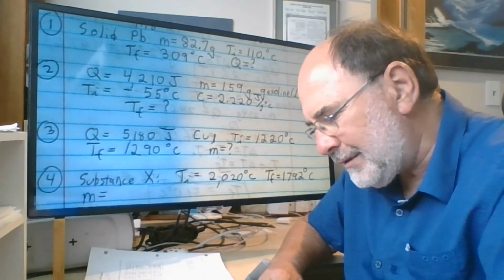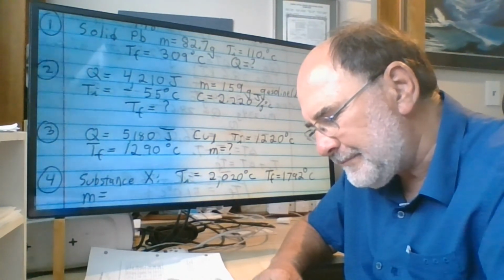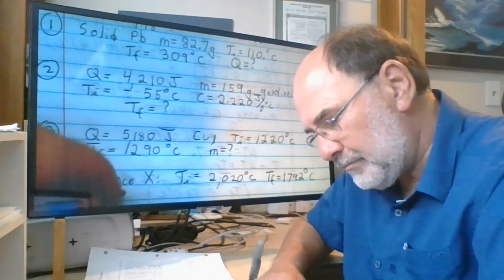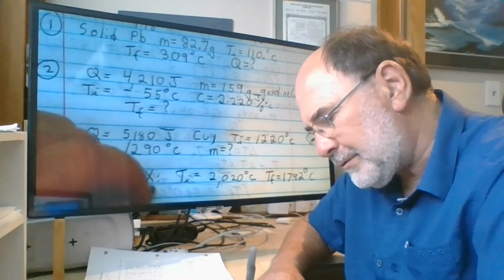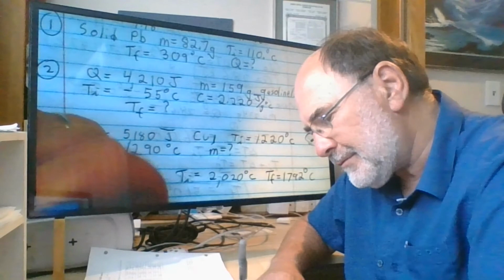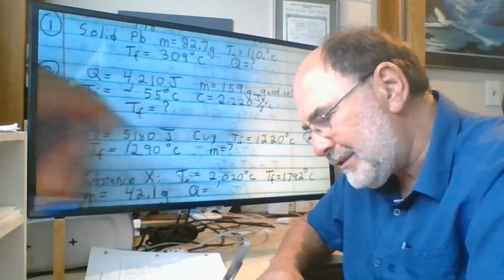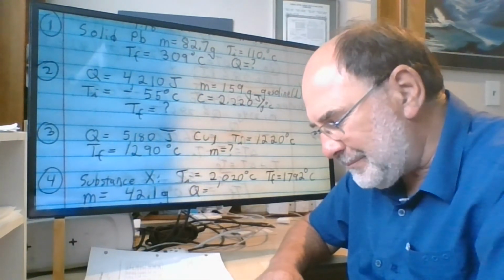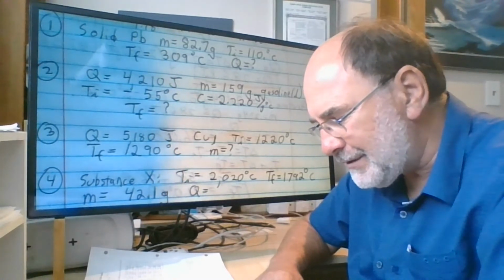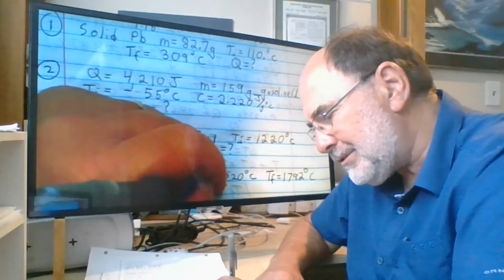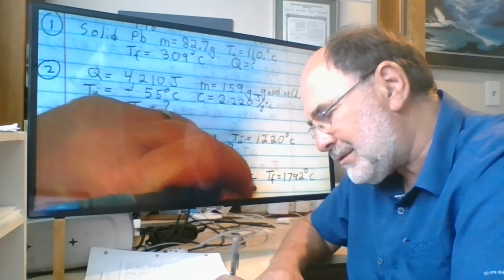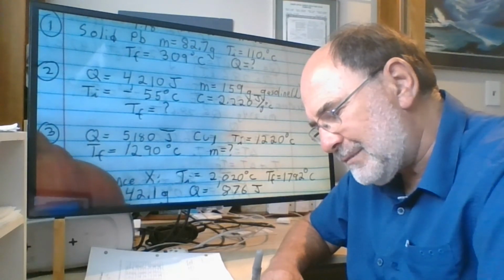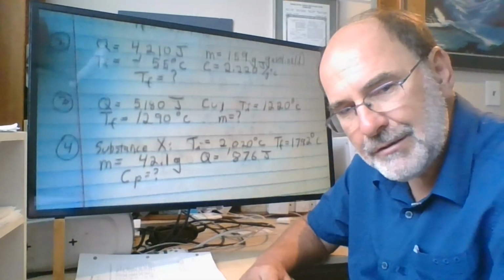This was dealing with a mass of 42.1 grams. And the amount of heat energy, see, this is where it's just totally random. So let's say the heat energy for this was 876 joules. Calculate, please, what is the specific heat of this mystery substance.